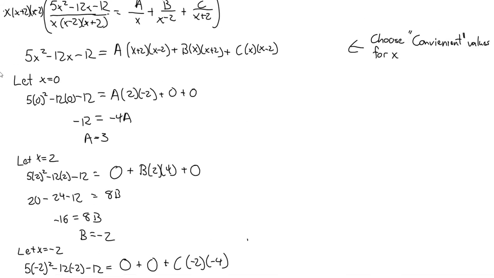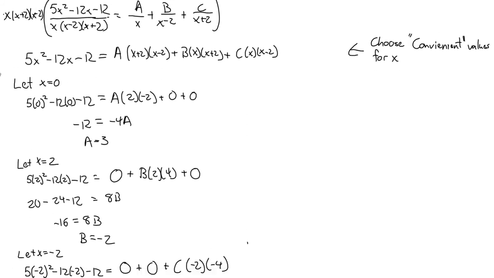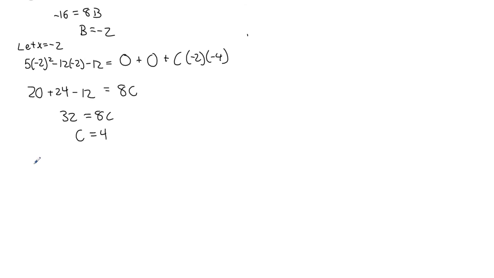All right, so you know what? Let's just rewrite it. Now I can say that 5x squared minus 12x minus 12 all over x times x minus 2 times x plus 2 will be equal to, and let's keep them straight now.